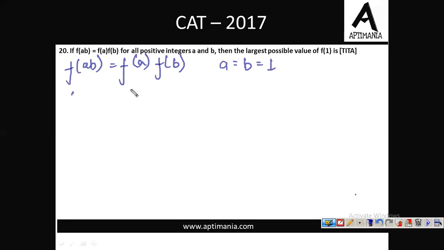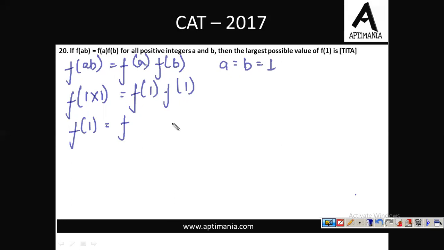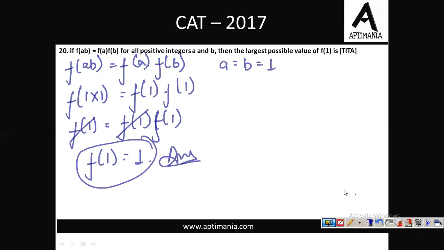This will be F of 1 into 1 equals F1 into F1. This will be F1 equals F1 into F1. This F1 will get cancelled out with this F1, and finally we'll have F1 equals 1. So the largest possible value for F1 will be 1, which is the correct answer for question number 20.